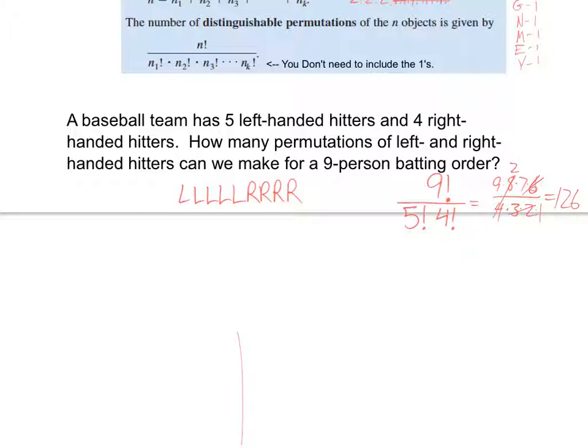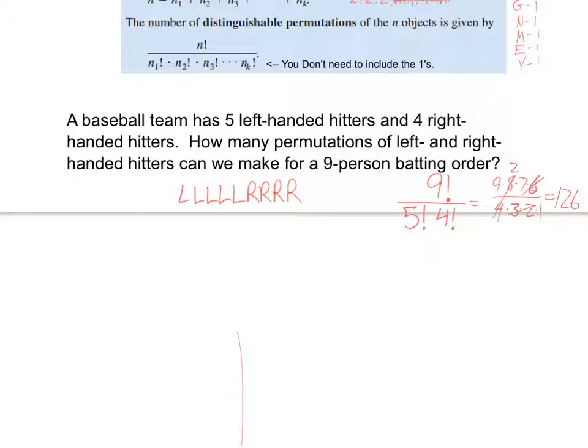Now, there's a lot of different reasons why you might want to mix things up. If you're a baseball fan, you know that sometimes it's harder for a left-hander to hit when a left-hander's pitching, or vice versa, or one pitcher might be really good against right-handers, so you put more left-handers in, or you mix them up, and there's all kinds of strategy in there.